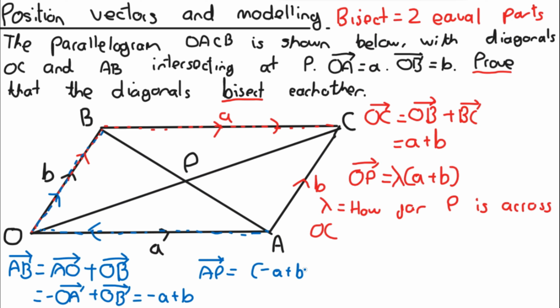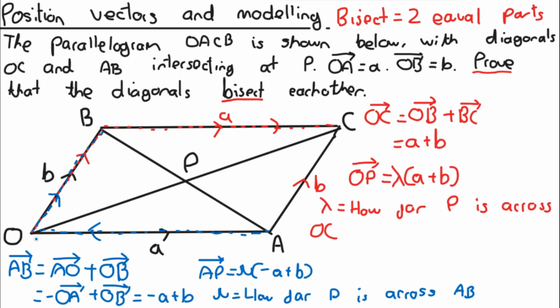So instead of being a half, we're going to use this Greek letter mu, where mu is equal to how far P is across AB this time. This is what the Greek letter mu is referring to. Again, because it's bisecting, we don't know that lambda and mu are the same size.